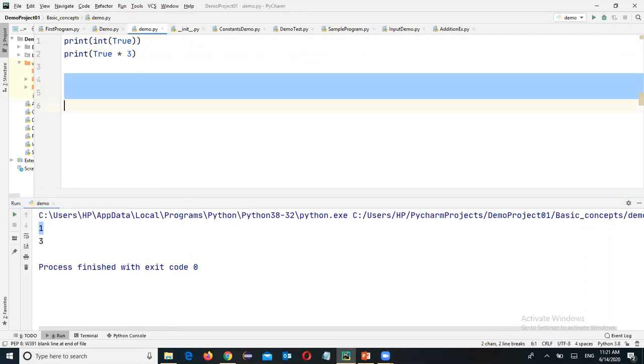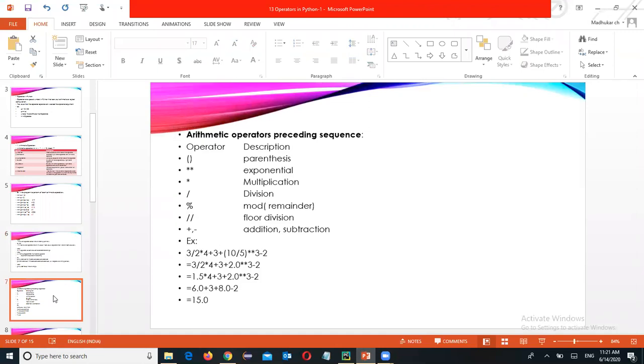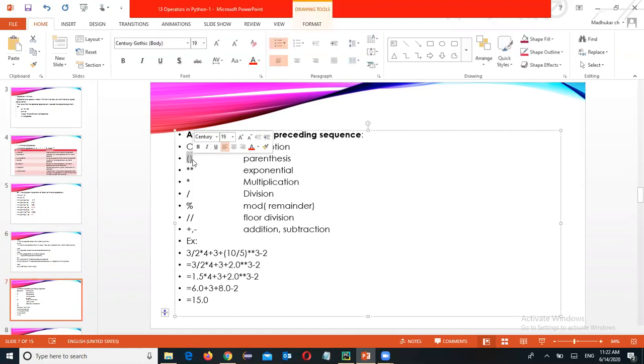Next one, arithmetic operator precedence, which sequence it takes. First priority is given to brackets. Then exponent gets the next priority, then multiplication, then division, then mod, then floor division.